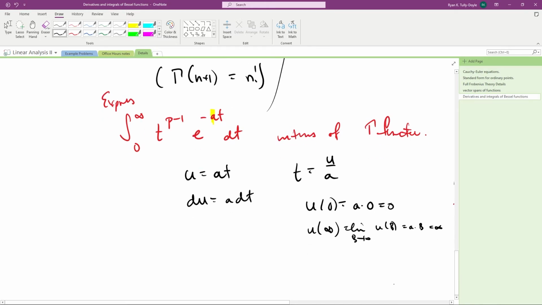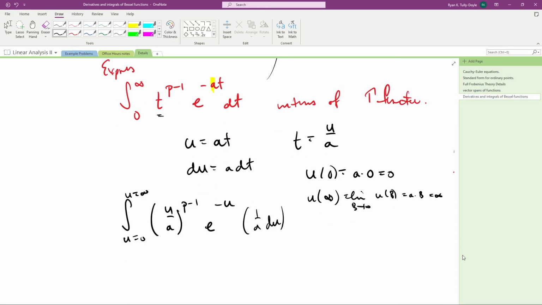So after the change of variables, this problem becomes the integral from u equals 0 to u equals infinity of u over a to the p minus 1, e to the minus u, and then dt has to be replaced with 1 over a du.